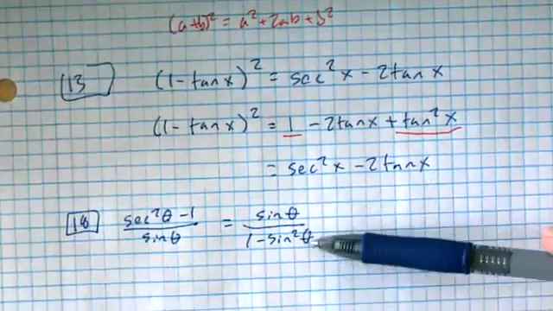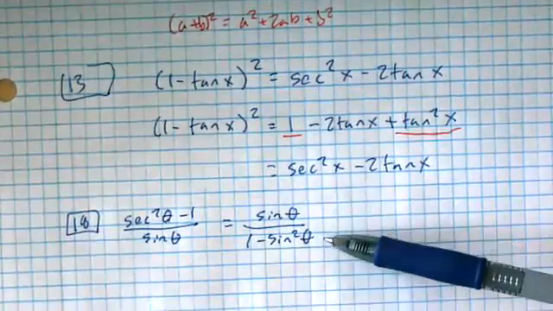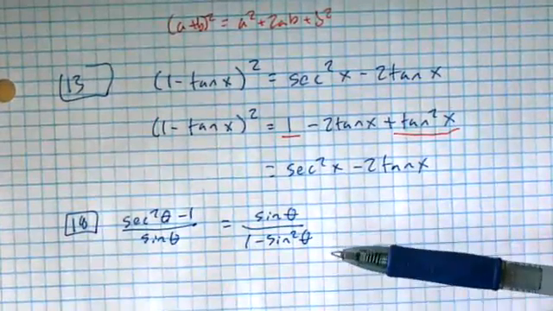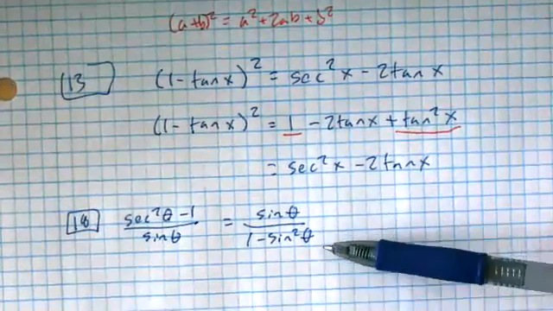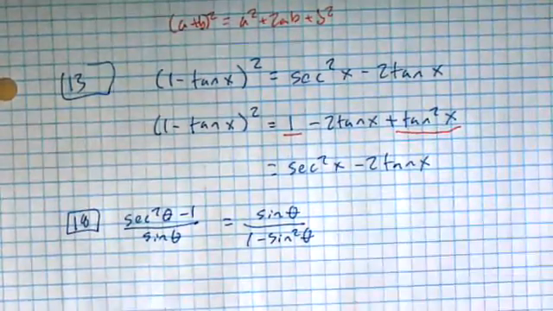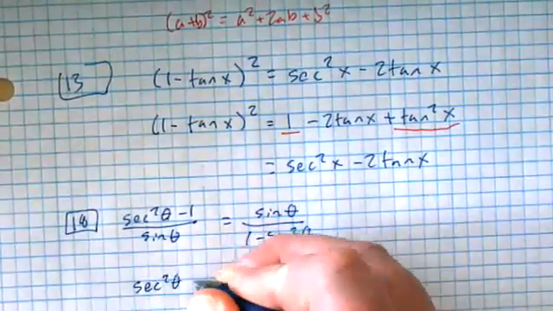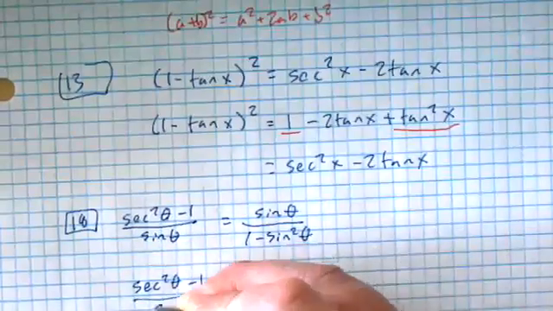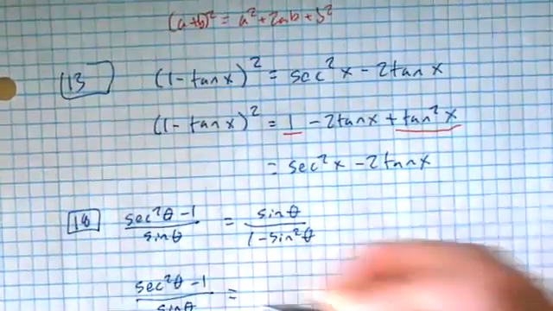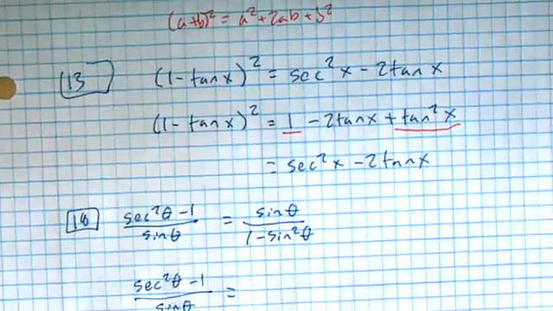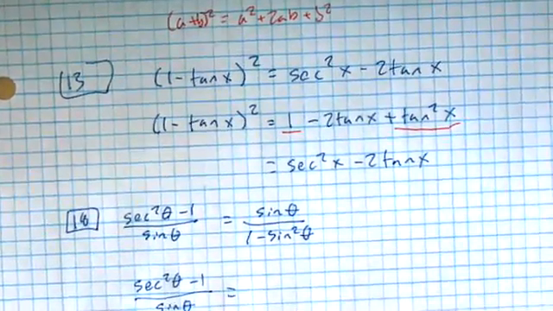Are you guys getting to the point where you're seeing 1 minus sine squared or 1 minus cosine squared and thinking of those Pythagorean identities? I think I'm going to start with the left. Secant squared minus 1 over sine. Secant squared minus 1, that is one of our identities, isn't it?